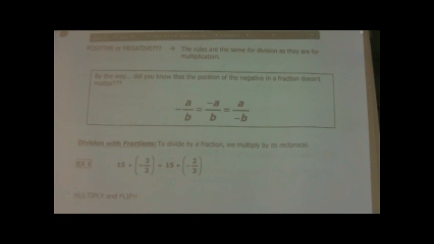Let's remember how we deal with fractions. Put a 1 under there so you have two fractions. It's your option, you can cancel from a numerator to a denominator, or you can go ahead and just multiply across the numerator and across the denominator and then cancel. I like to cancel first so I don't have to multiply as much stuff. But the issue is, don't be so messy you can't follow your own work.